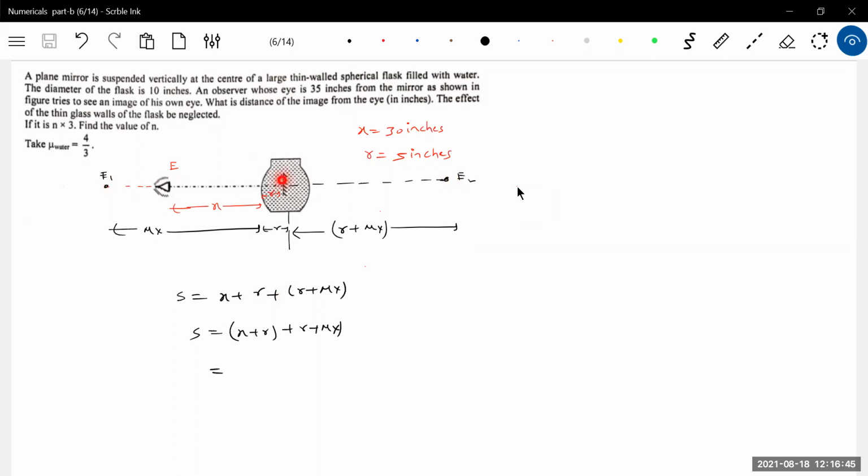Again, after reflection from the mirror, the ray should pass through this boundary, and again the refraction will take place. So now this will become like an object kept in a liquid. So apparent depth. Here I think you have to be careful.